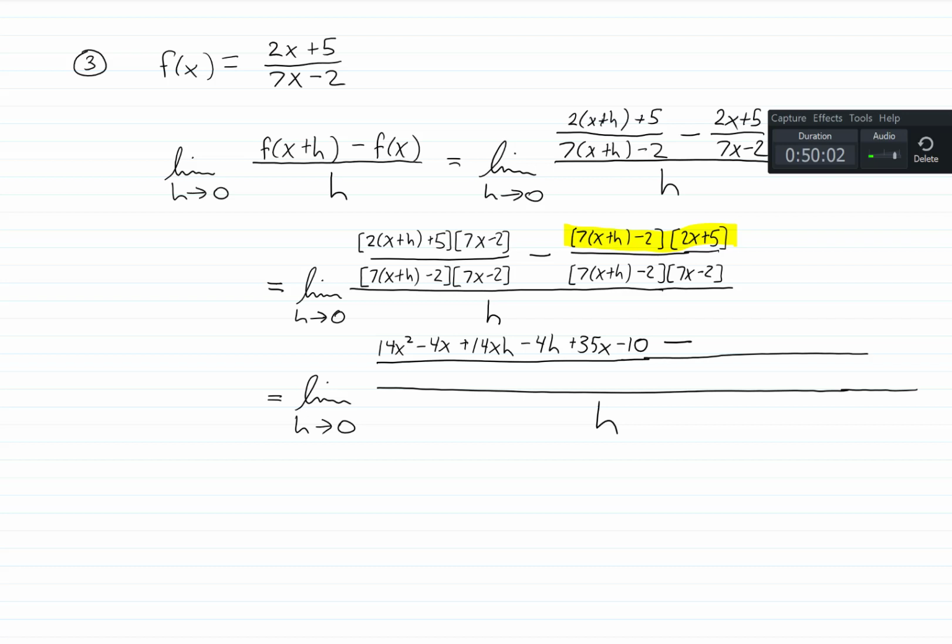Okay, so what I got there is, I'm not sure how much room I'm going to need to fit this in.